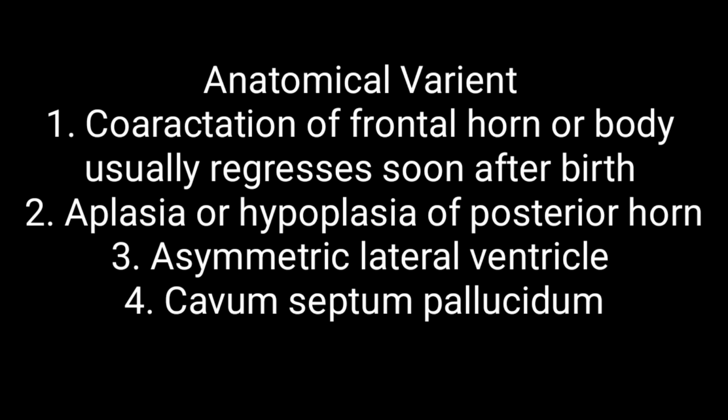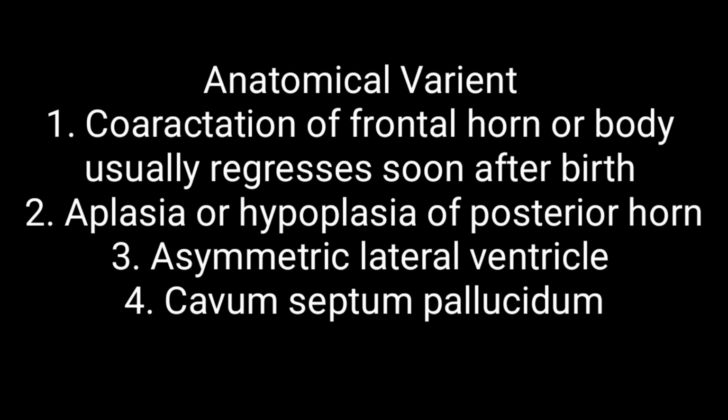Before labeling ventriculomegaly as a pathological process, you should keep in mind that there are certain anatomical variants. These include coarctation of the frontal horn or body, which usually regresses soon after birth, but if it persists it will appear as a focal dilatation. Aplasia or hypoplasia of the posterior horn is also common, and this is another anatomical variant.